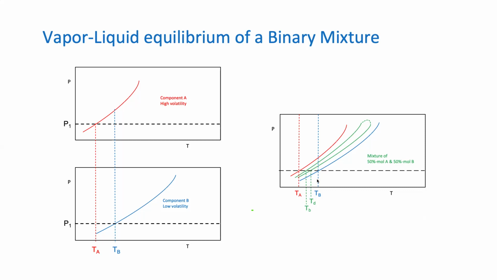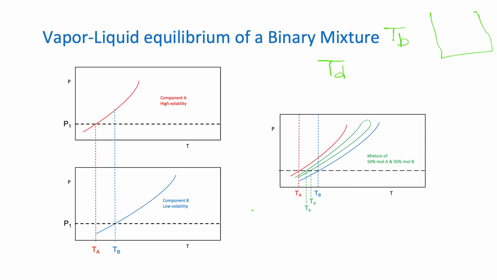So then it's going to start from the T bubble and the T dew. Do you remember about T bubble and T dew? I think I still do. Okay, right. The T bubble, we call it saturated liquid.